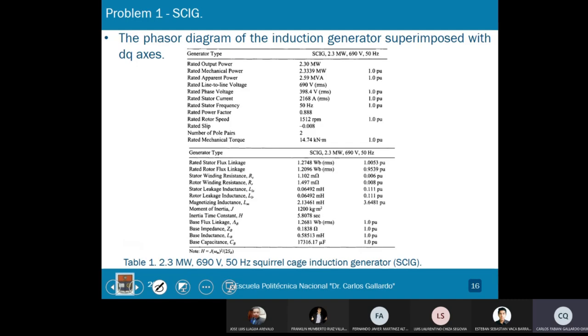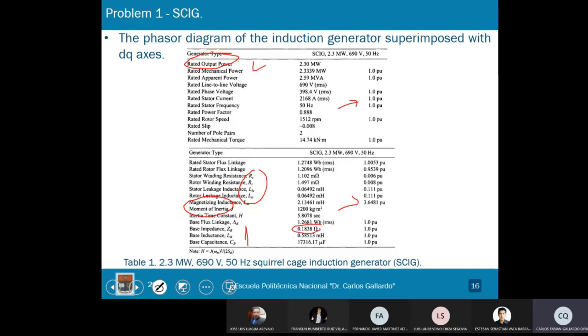This is the rated output power, the mechanical power. I have the data for the stator side and the rotor side. This is the moment of inertia. I have the base impedance in order to compute the per unit values. The base impedance is, in this case, 0.1838.